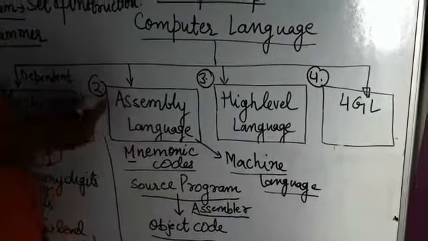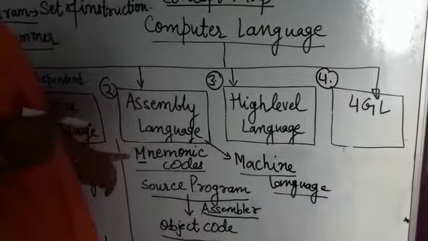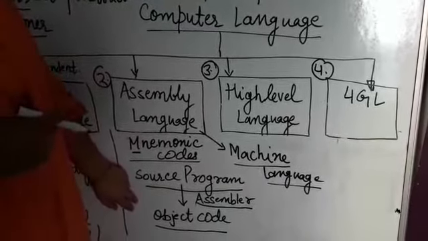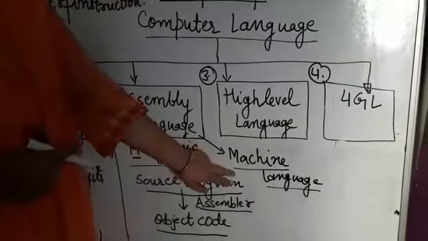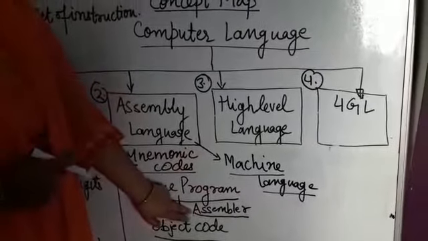The programmer writes the program using mnemonic code, then it is converted into object code, and this object code is converted into machine language by means of a translator program known as assembler.